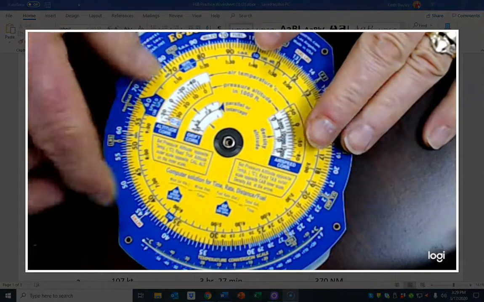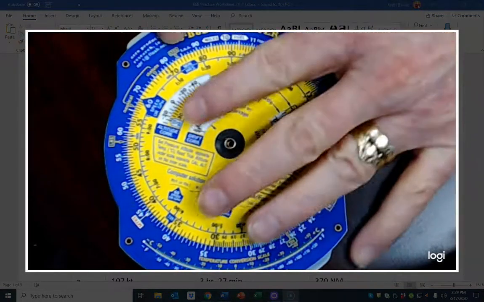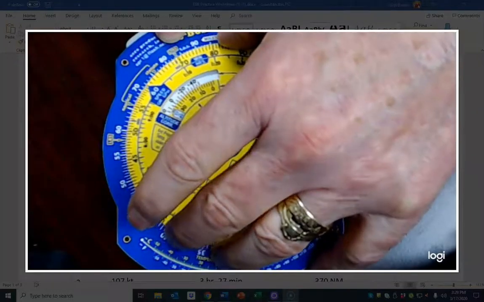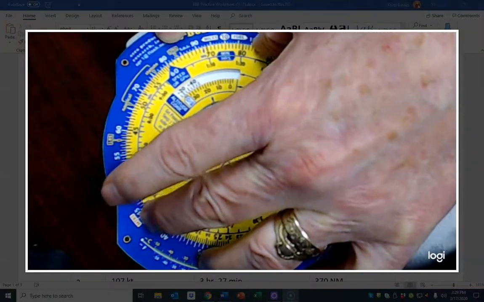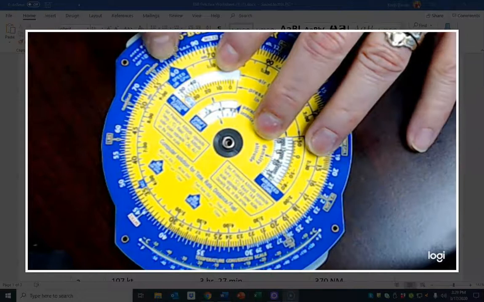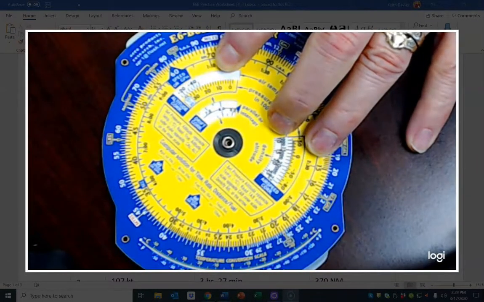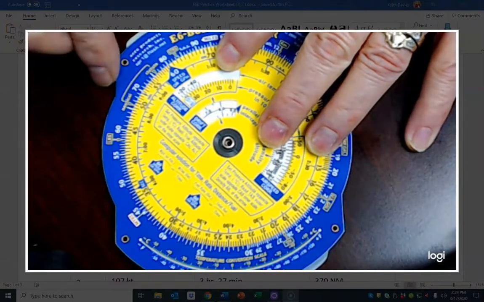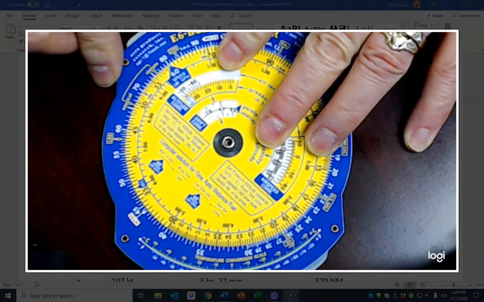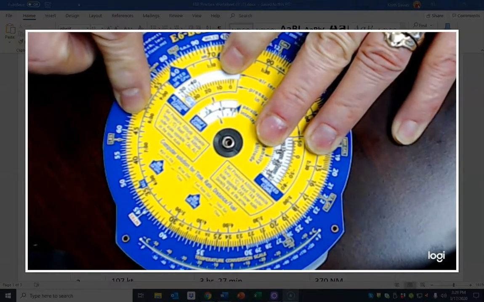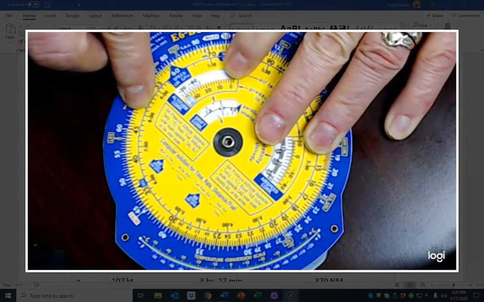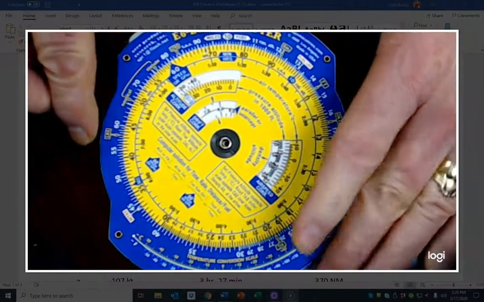So you just use the index here and put it on 80 knots. Remember that the triangle here, 60, is per hour. So you want that exactly on the 80 knots here. And then you want to find out, all right, how long is it going to take me to go 300 miles?